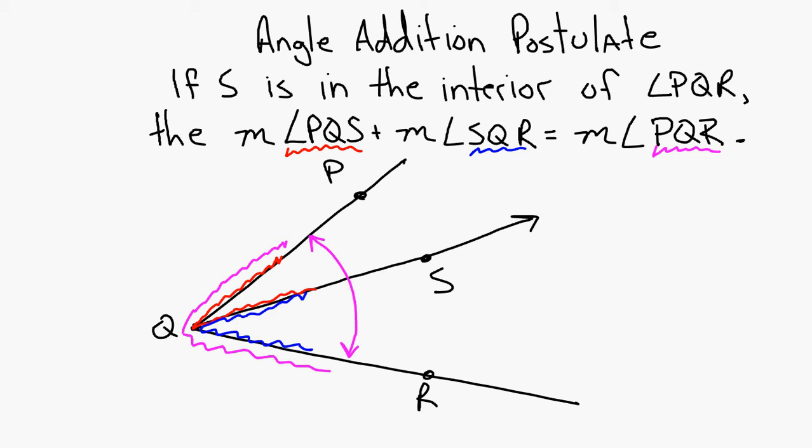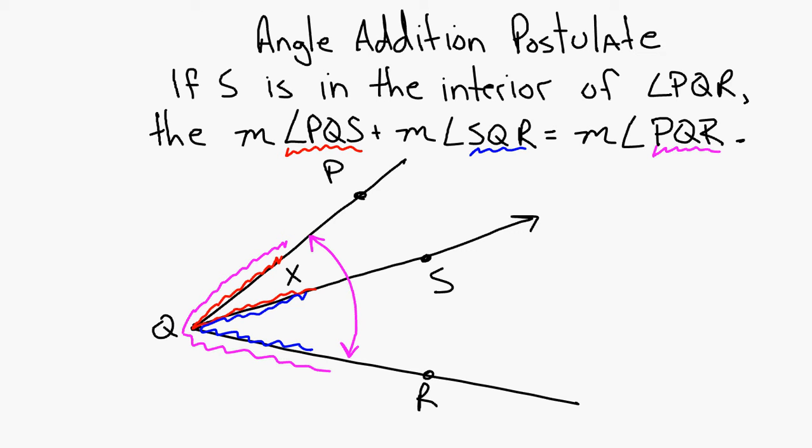One piece of the segment plus the other piece of the segment equals the entire segment. All right? What's purple minus red going to equal? Blue. What's purple minus blue going to equal? Red. Okay? Very simple.